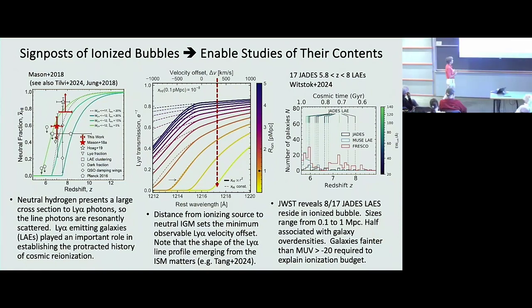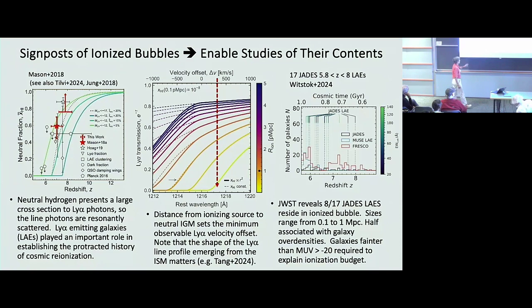In modeling Lyman alpha emission from galaxies, the velocity offset of the observed Lyman alpha emission line is a big deal. It basically tells you how far away the neutral IGM around the source has to be, okay? So for a given distance, it gives you a minimum velocity offset.